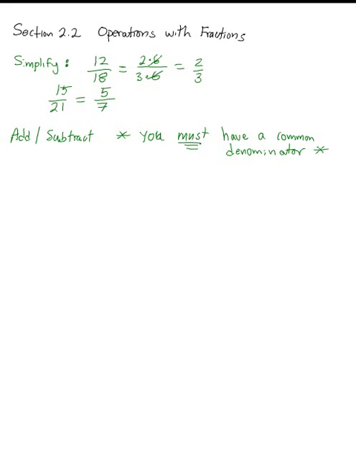All right. So let's say we had 5/6 plus 3/4. Do they have the same denominator? Well, no, this one's got a denominator of 6, and this one's got a denominator of 4. They're not the same. I can't add them. So what I do is I need to make them have the same denominator.